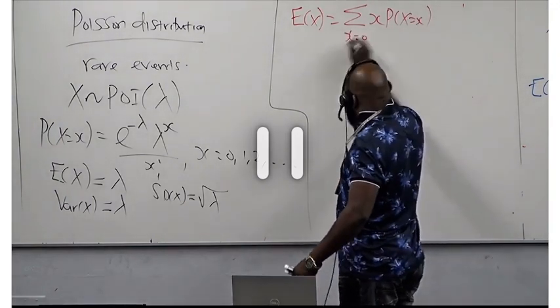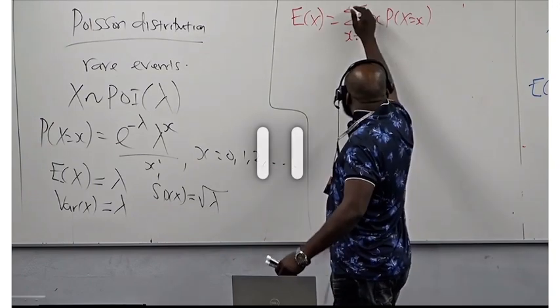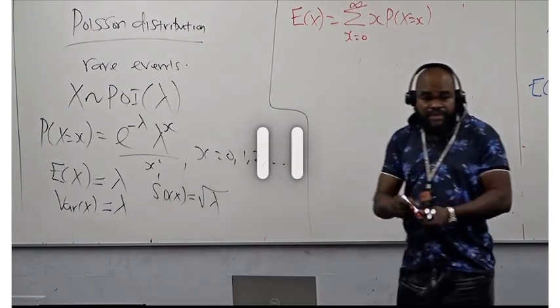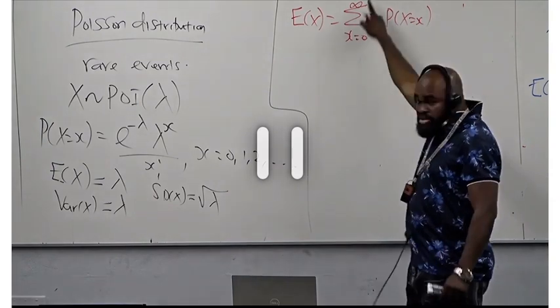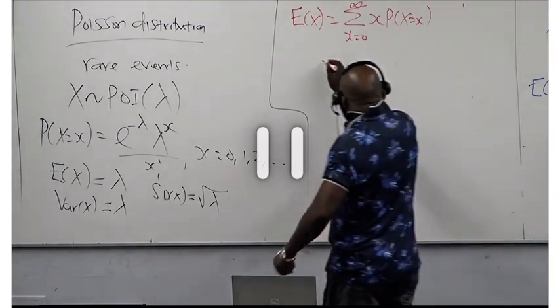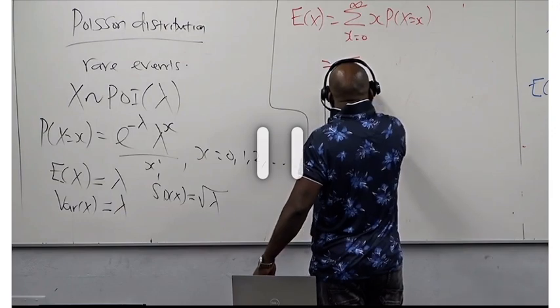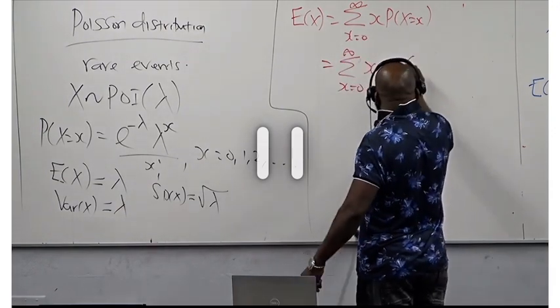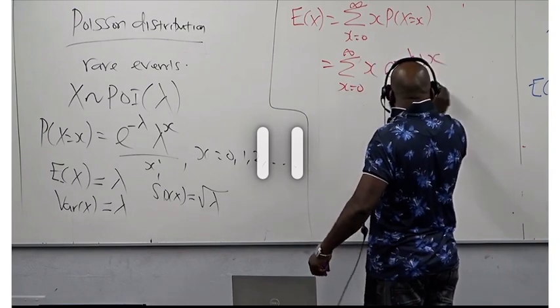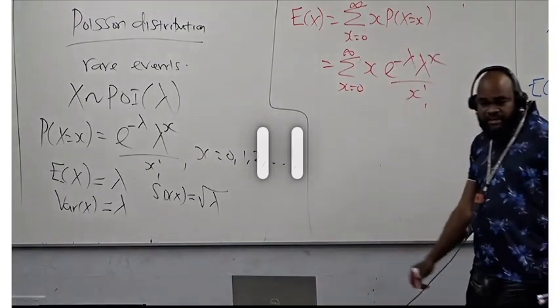My S is starting from 0 to infinity. Don't forget, every probability distribution has its support. You can see here, this is from 0 to infinity. So I'm going to do S starting from 0 to infinity of S times the probability mass function, which is what I have here, divided by X factorial.